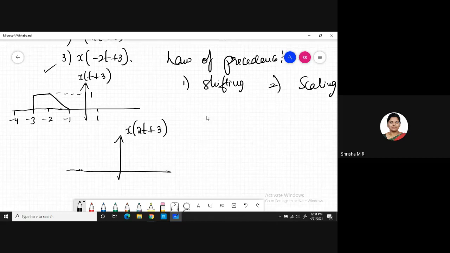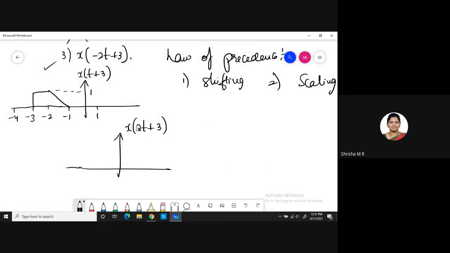You're compressing, you're scaling. This is scaling, right? We are scaling by a factor 2, so divide by 2. So the signal will exist from minus 1.5 to minus 0.5. Clear everyone?